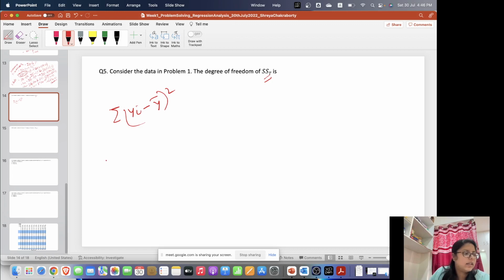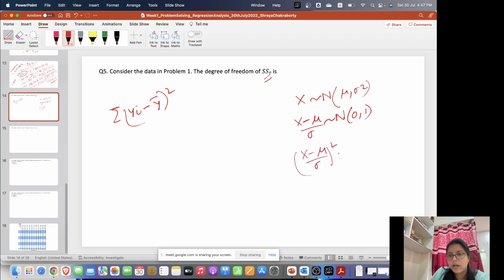And in sampling distribution there's one theorem that if x follows normal mu sigma square, then x minus mu by sigma follows normal 0 1, and then x minus mu by sigma whole square follows chi square 1.